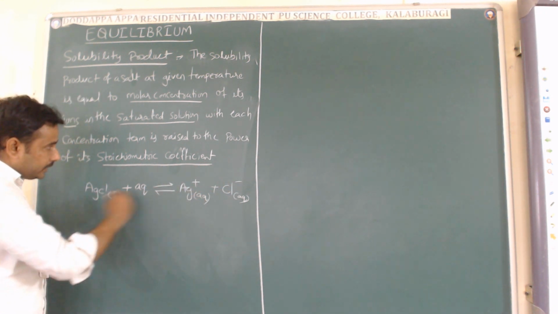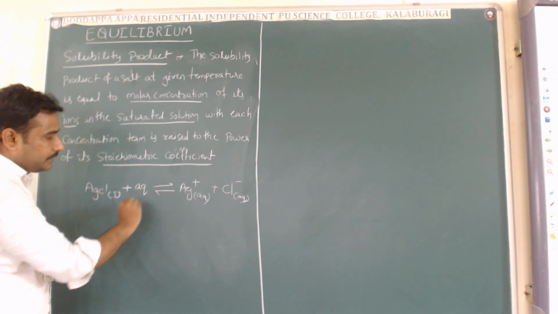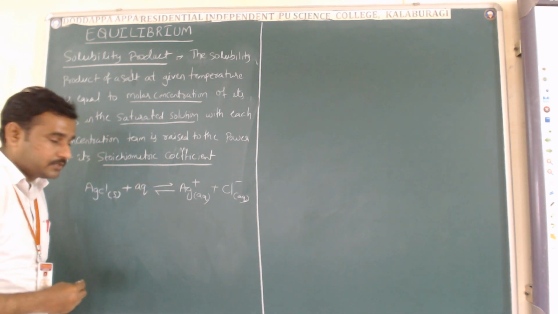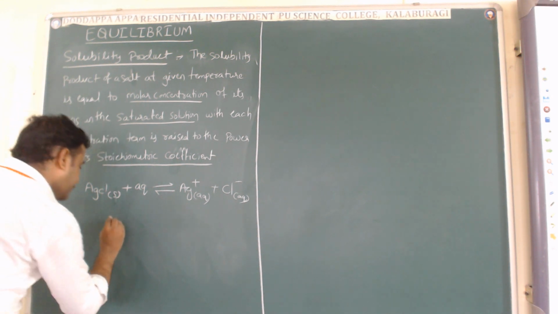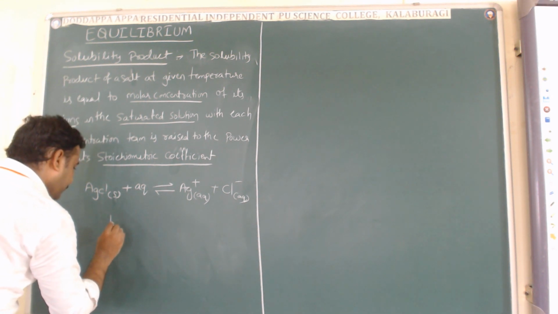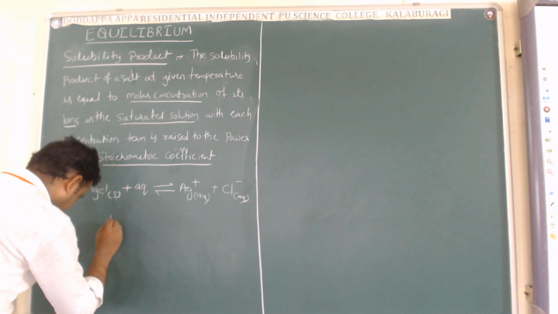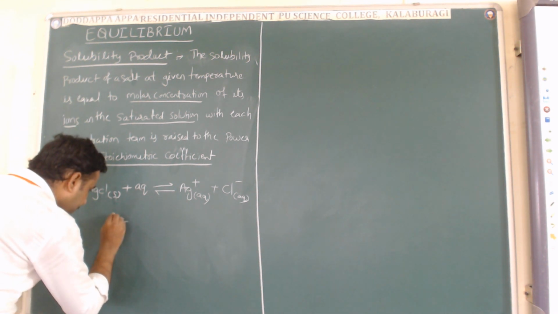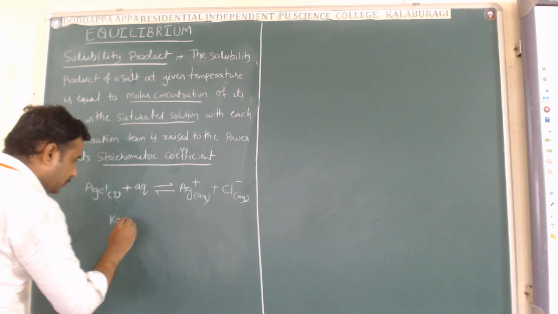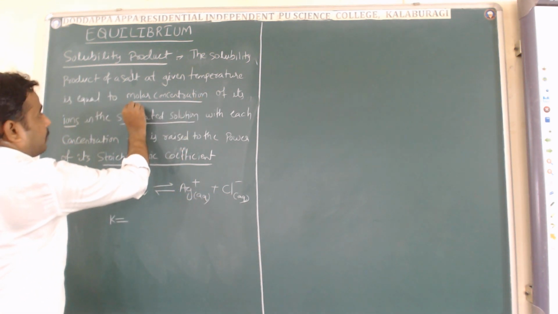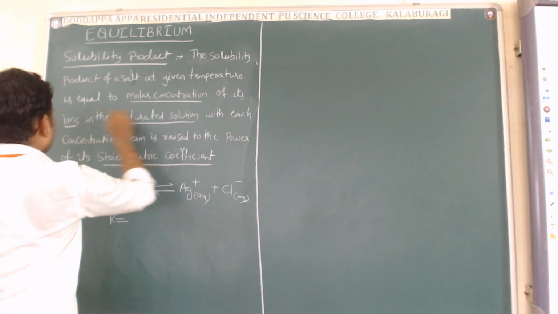Now write down the solubility product of this reaction. How to write this? That is the Ksp. You write K equal to the molar concentration of its ions.